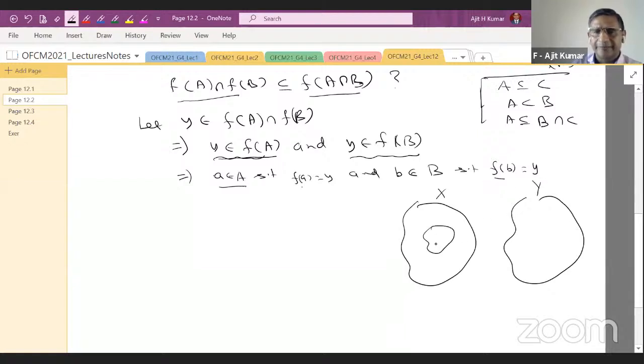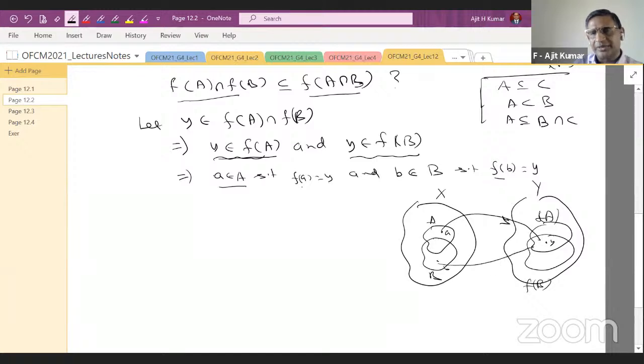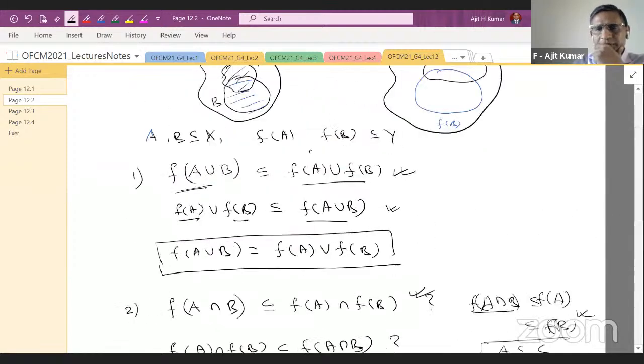This is A, this is B, this is f of A, this is f of B. We started with y in the intersection. So this is my y. I have got some element a here whose image is this, and some element b here whose image is this. That's what we have got.